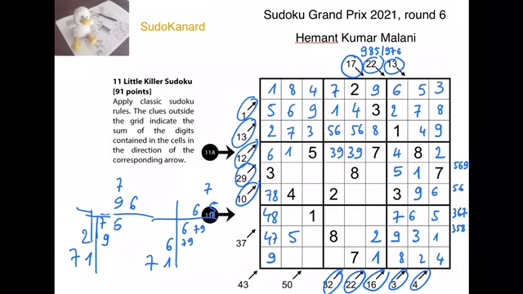This 9 goes there. 2 here. 7 or 8. Here we need 6 and 4. And we don't know yet. 1 here and 5 there. This column needs 4 and 6, so this is a 4.